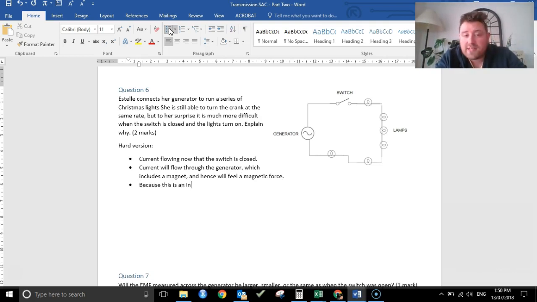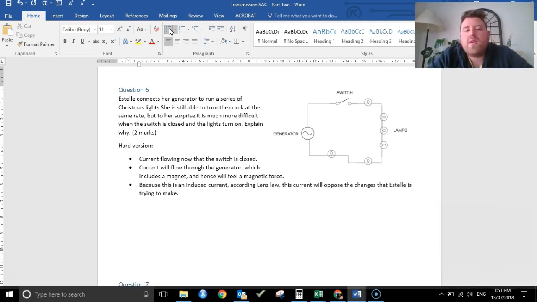Because this is an induced current, according to Lenz's law, this current will oppose the changes that Estelle is trying to make. So we're going to get a force which is acting against Estelle. I haven't necessarily worded this in the best way, I'm sorry. It's going to act against Estelle's motion because that's what induced currents do.